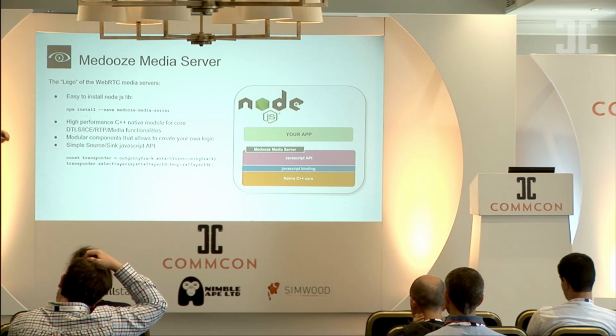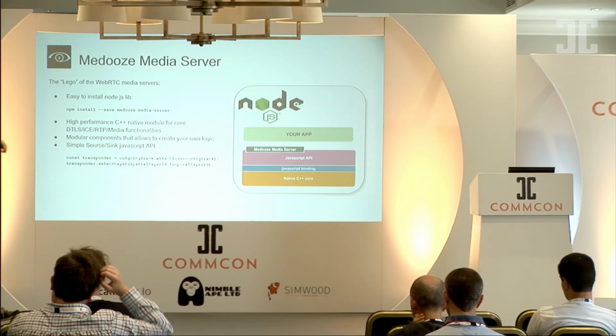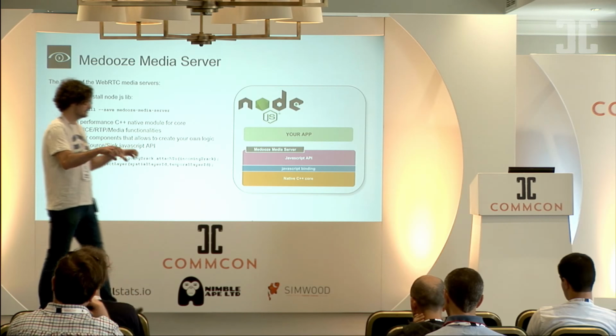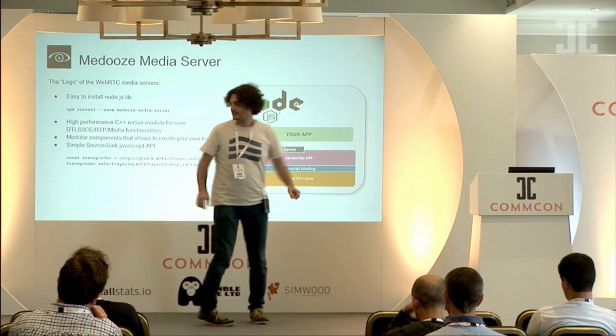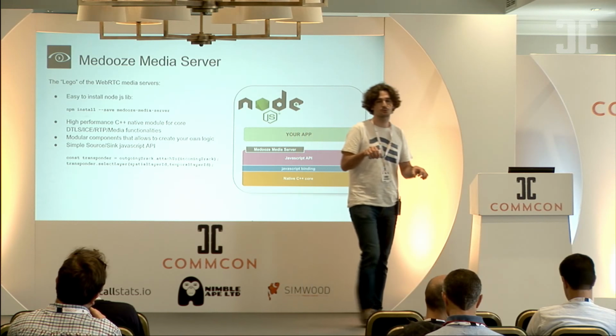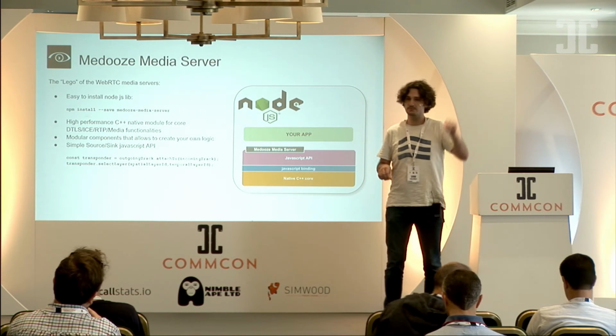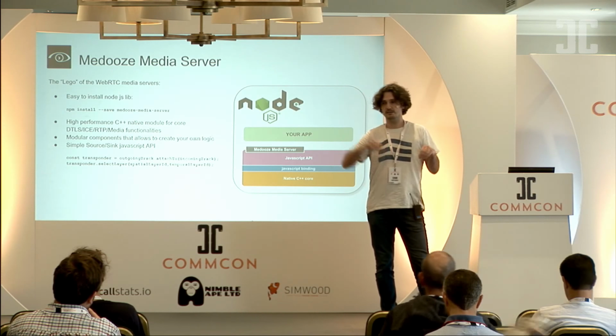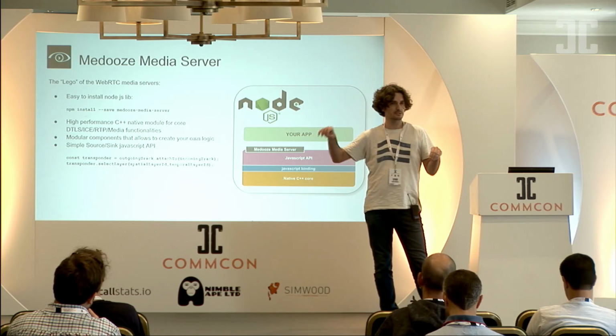And it has a very modular API that gives you bricks, in this case, for example, the incoming and outgoing tracks that you can attach together. You can create your incoming tracks coming from one browser, create outgoing tracks going to another browser, and attach them.